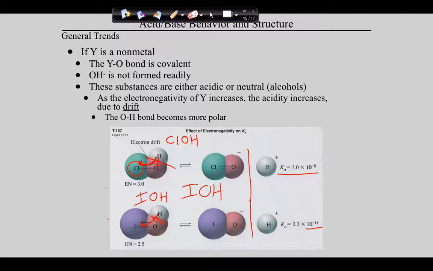Is there an element of drift where the chlorine holds its bonded pair, like its region of electrons, closer to the chlorine, and that later affects the OHs? Like, does this bond become so polar that it breaks? No, I'm saying does a ClO, this region of electron density, move over to the Cl, and then because that one's moved over, does that in turn move the OH?